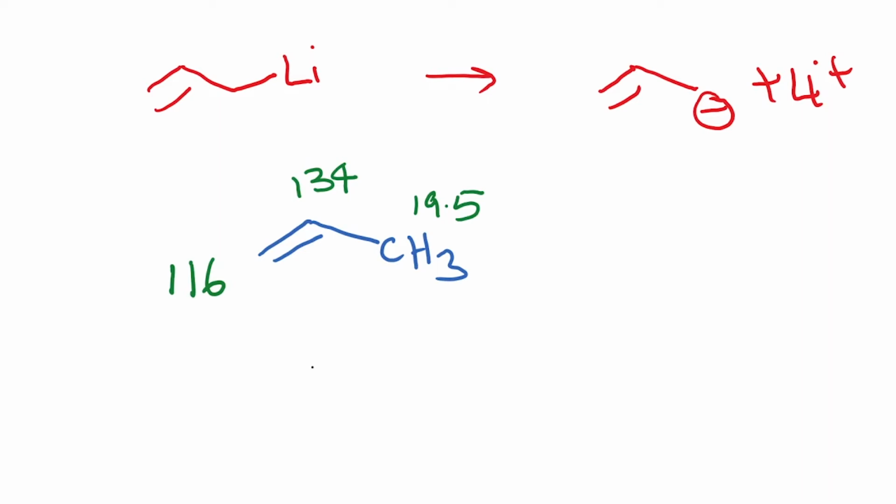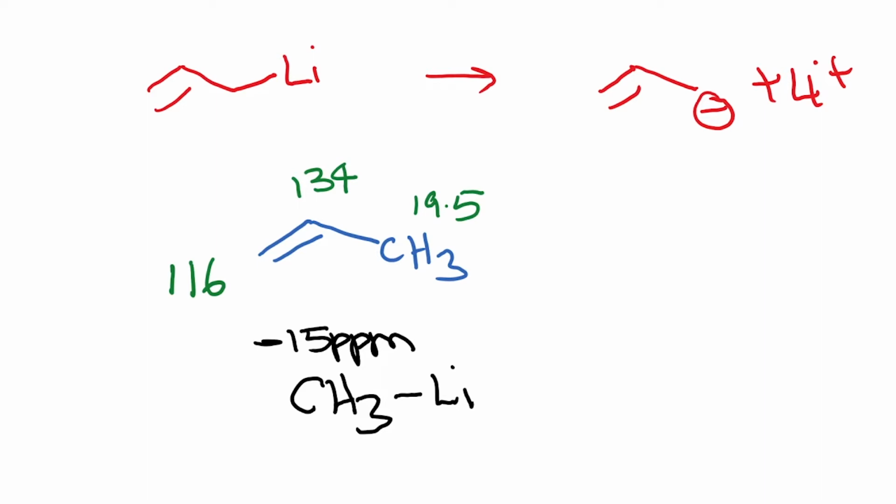And if we take the NMR spectrum of methyl lithium, then we see a peak at minus 15 ppm. All of these values are in ppm. So this methyl lithium pushes the chemical shift value all the way to much below zero.